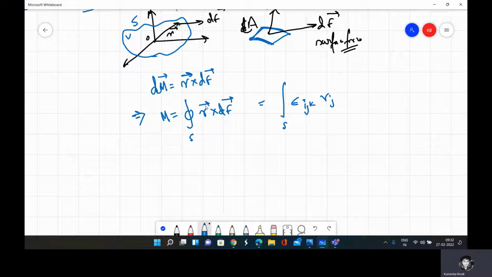Now this r_j is the component of that radius vector. Now for the dF, this is the surface force.